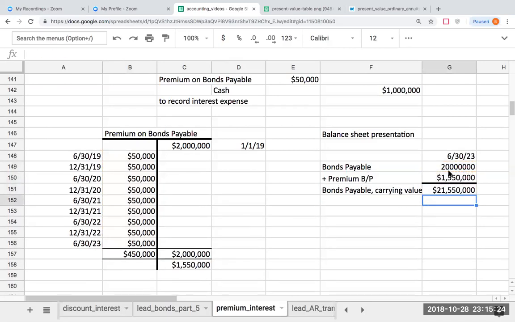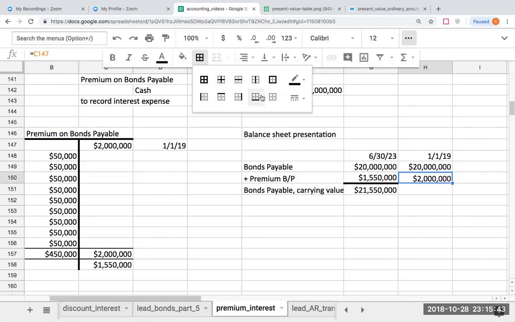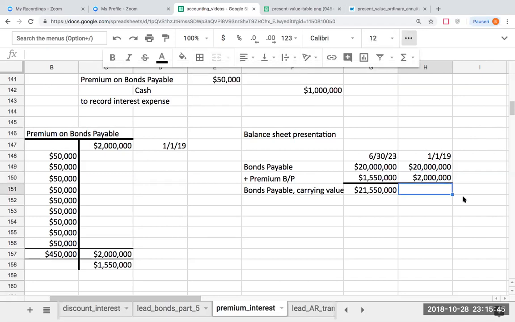And my total bonds payable, or my carrying value, is going to be 21,550,000. But what's really happening here? If I looked at my initial bonds payable on January 1st, 2019, what I would be seeing is that I had here a carrying value of $22 million. Why is it less on June 30th, 2023?